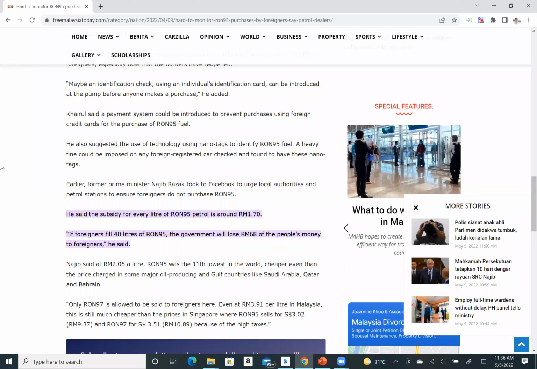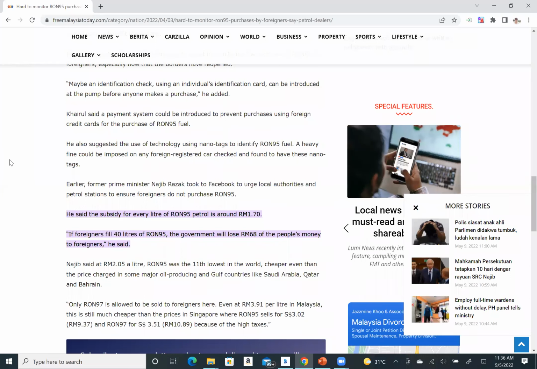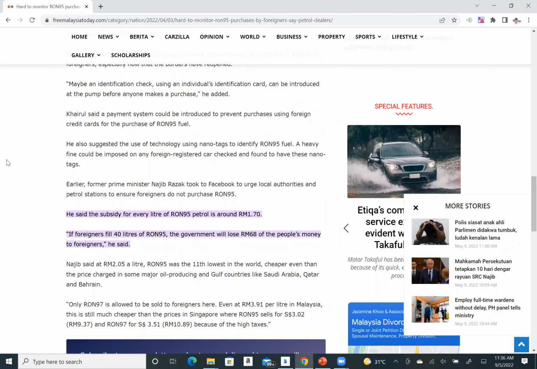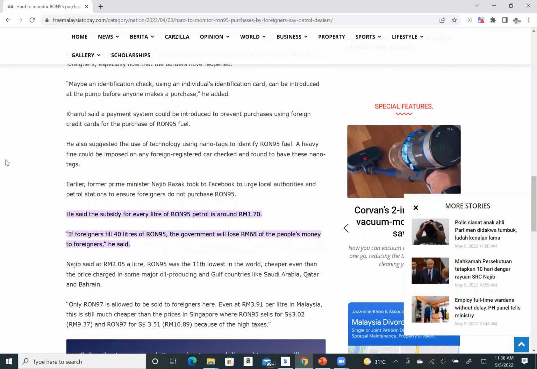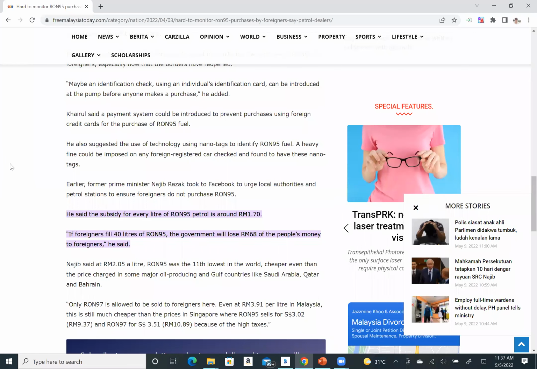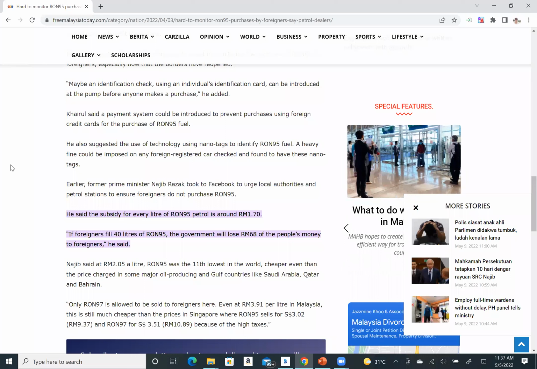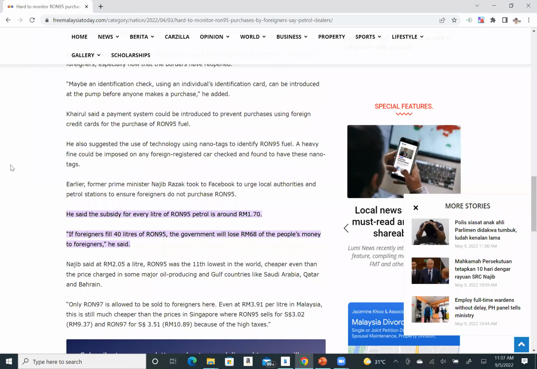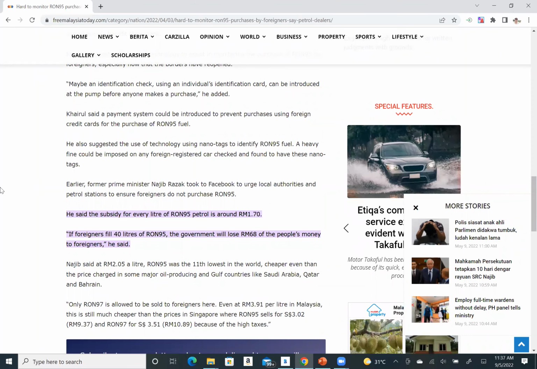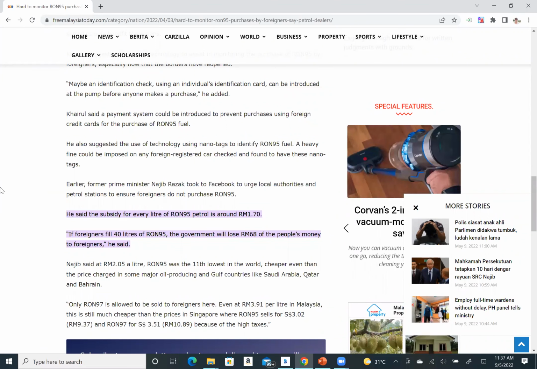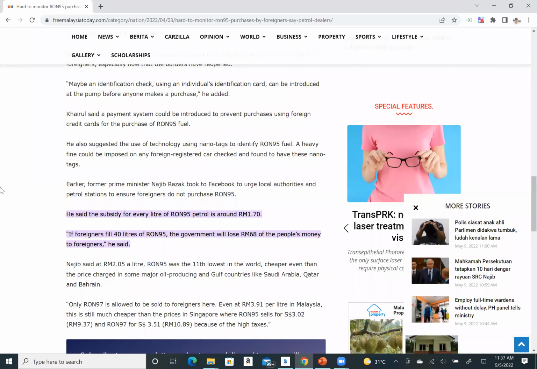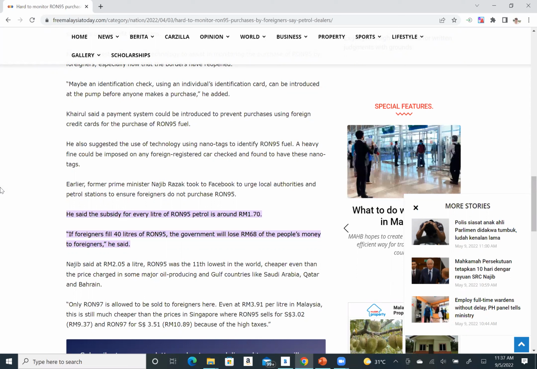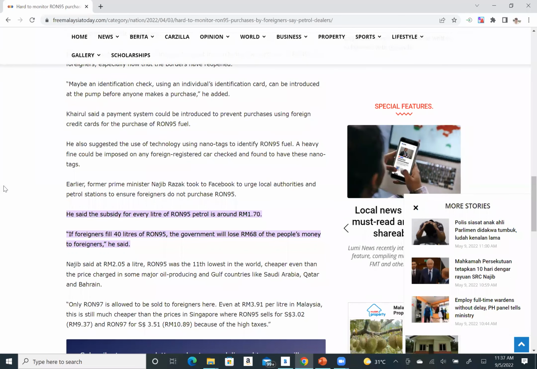They said about 4 million vehicles were moving, maybe more, but let's just take that number. If each pumps 50 liters of RON 95, multiply 50 liters per car by 4 million cars.